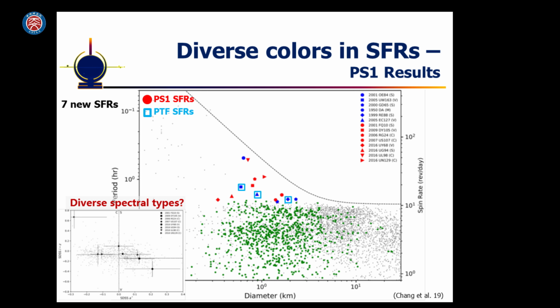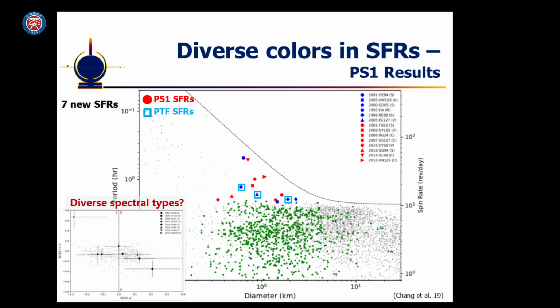So here is the result from Pan-STARRS1. At that moment, we only focused on the known asteroids because we don't have a pipeline to find the unknown ones. I will tell you about the newly discovered asteroids later. From the known asteroids, we found 7 other new superfast rotators, highlighted in the red symbol. And here is the list.